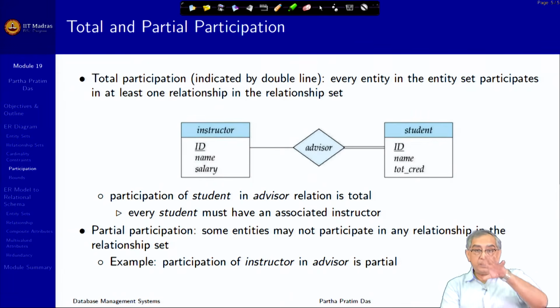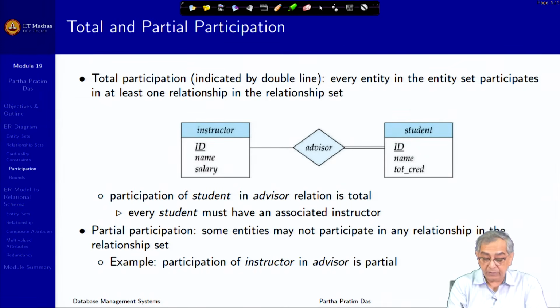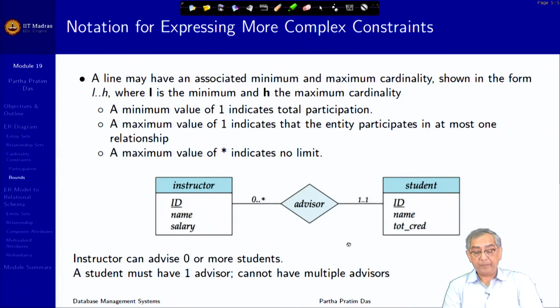So, this whole idea is getting modeled through this representation of total and partial participation. We discussed total participation in context of weak entity set, but it is a general concept which will be represented and used in multiple ways.